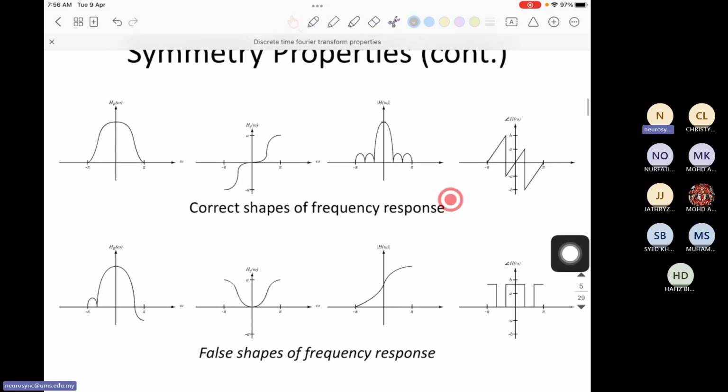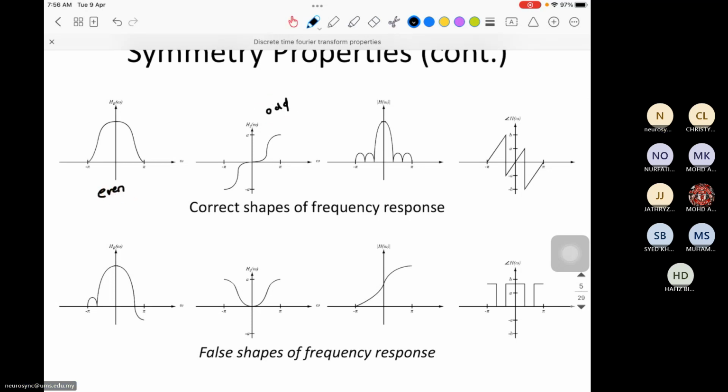Okay. Now, in this case, if you see this, what is this function? This is the even function. This is the odd function, because this is the same along the y-axis, and this is the negative of this real part.